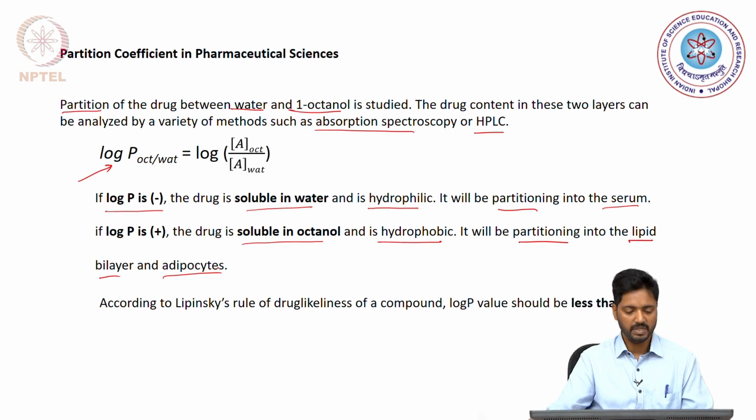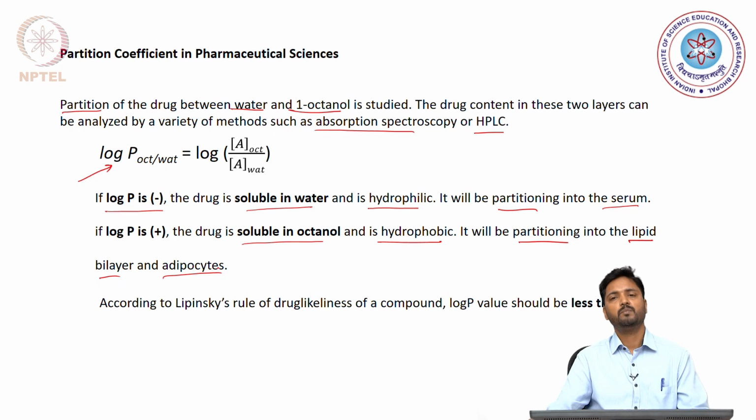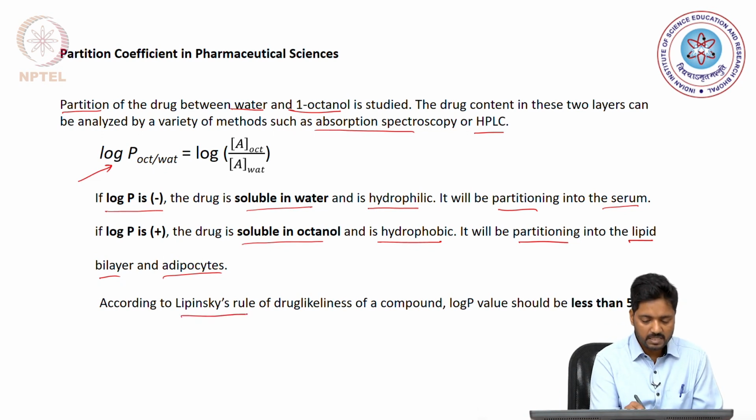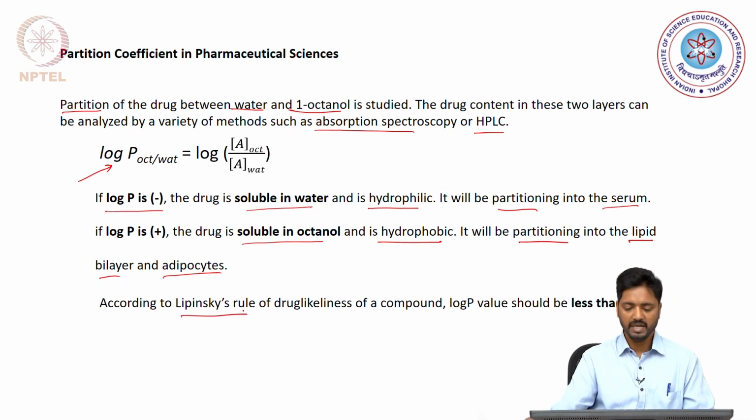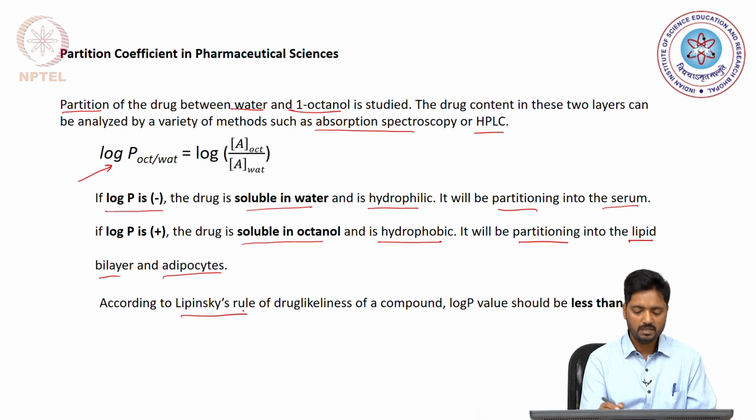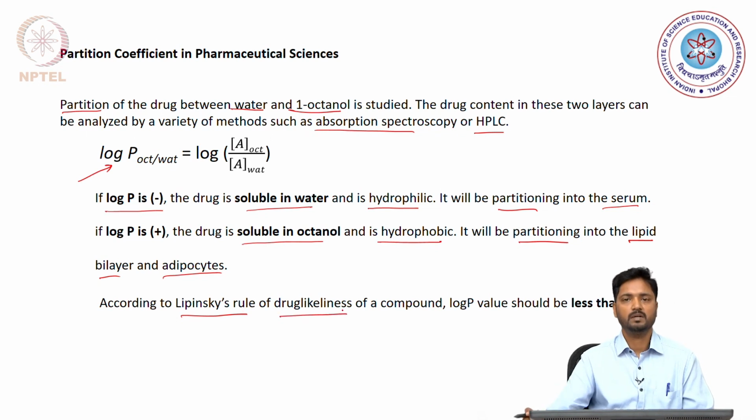accumulating inside the brain. So, Lipinski's rule is a rule of thumb that was developed some time ago, and it talks about the drug likeness of a chemical compound, and it is a very famous rule which for our purpose says that the log P value of a drug candidate should be less than 5.